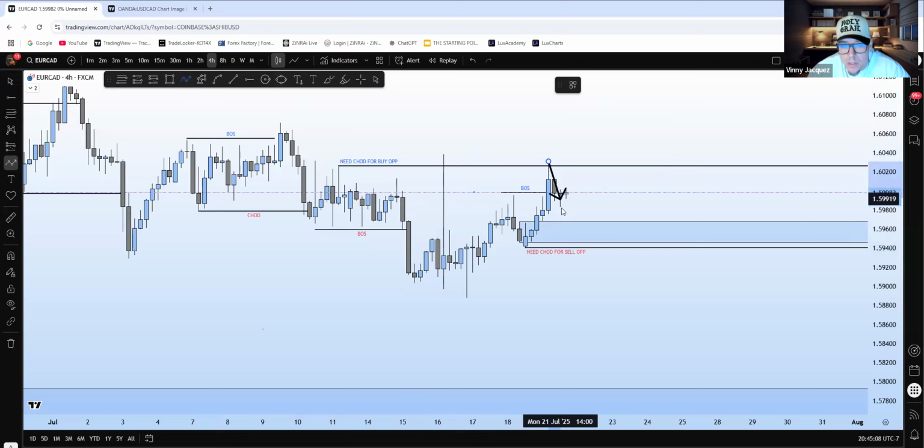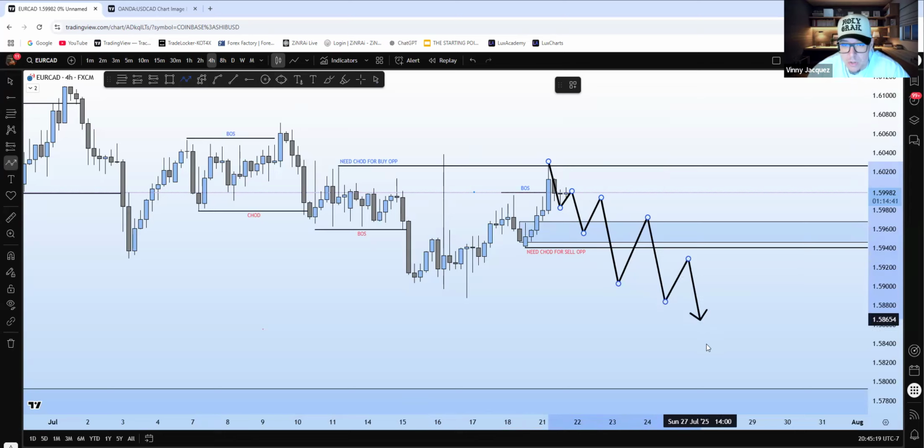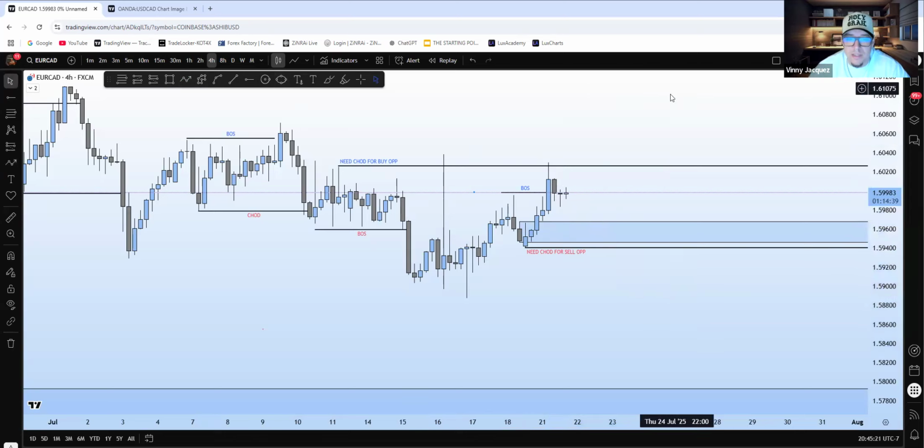What if the market gives me some profit, you're able to break even or take partials, and then the market does this? Well, we might continue to be in that retracement phase and work our way down. Does that make sense, guys? Because this right here, I need it to give me a solid change of direction.